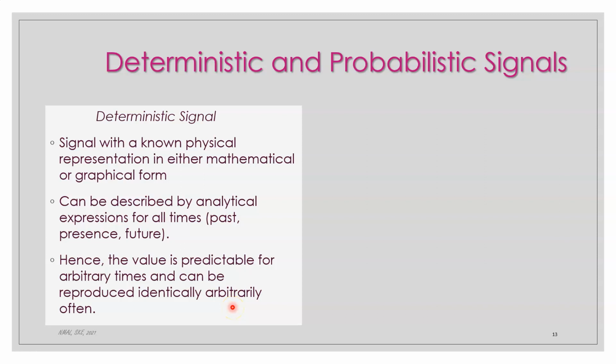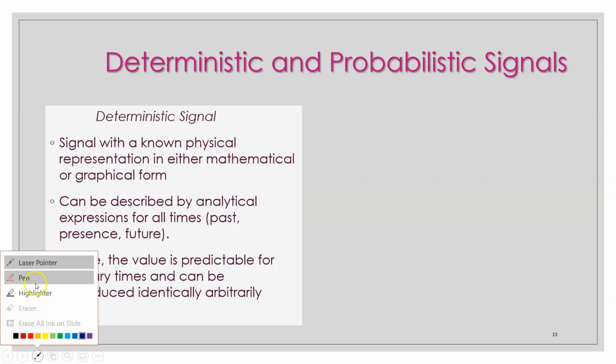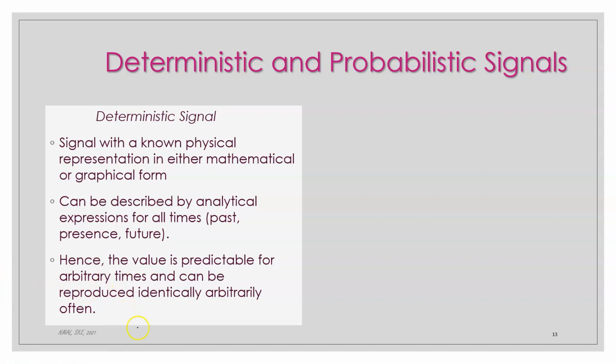It means that, for example, for the sinusoidal signal, we can describe it in terms of sine or cosine. So you can actually predict the signal for the future or for the past. Or take the rectangle signal, for example. The wave is repeated at T duration.